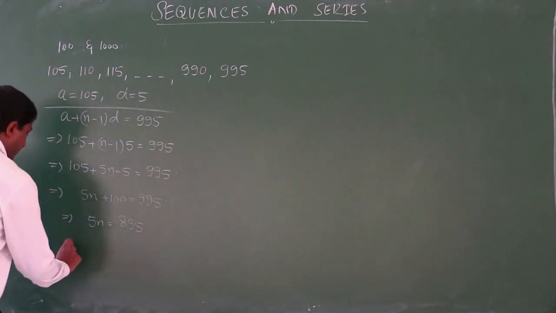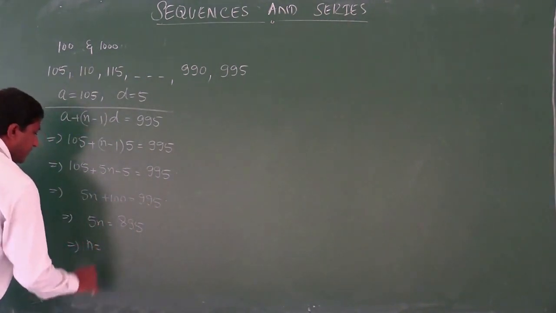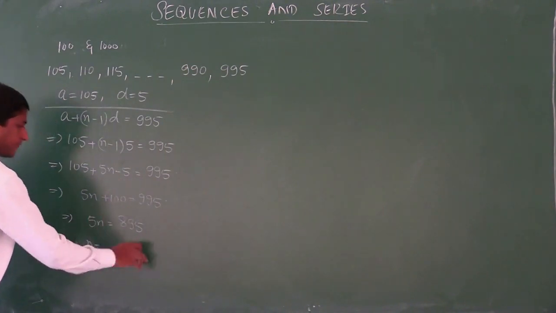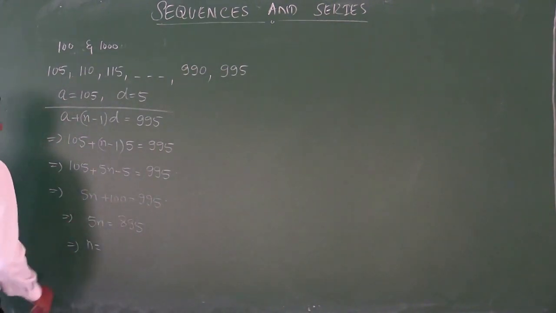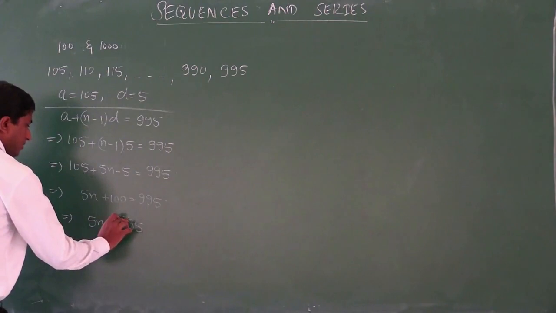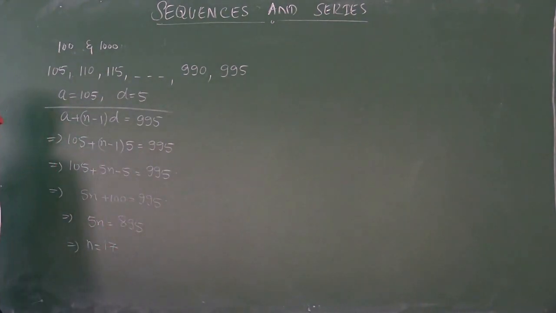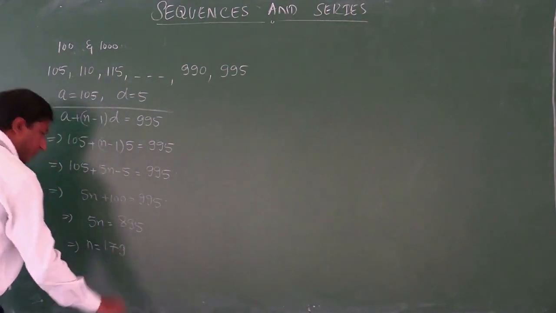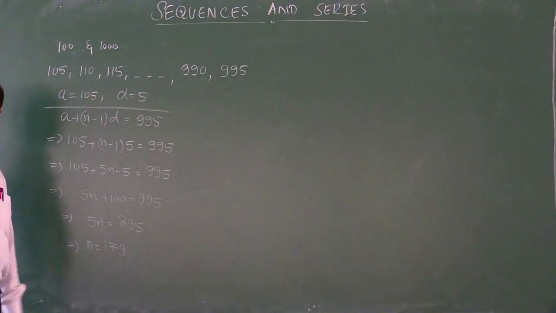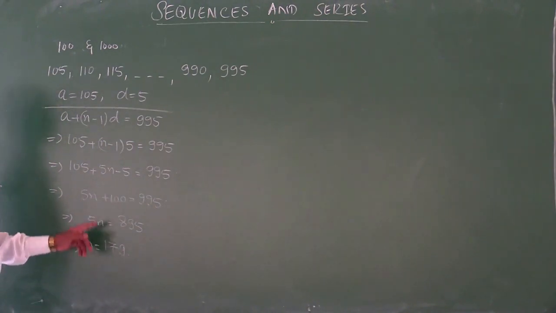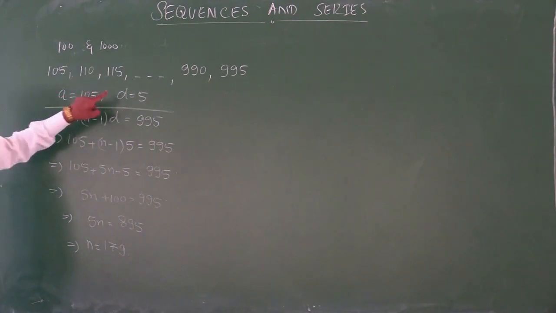What's the value of n? 895 by 5. 5 ones are 5. So how much do you get? 39. 5 sevens are 35, 4 is remaining. 5 nines are 45. So the value of n equals 179.